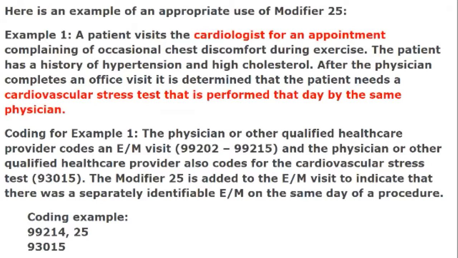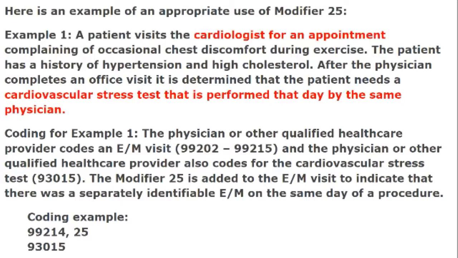So here is an example of the appropriate use of modifier 25. A patient visits the cardiologist for an appointment, complaining of occasional chest discomfort during exercise. The patient has a history of hypertension and high cholesterol.